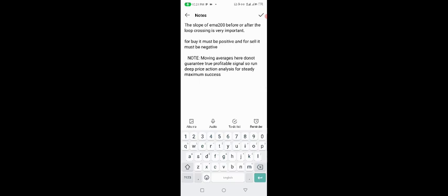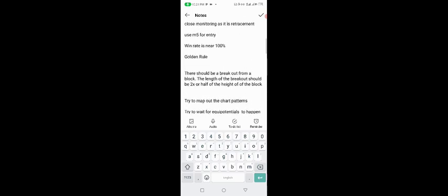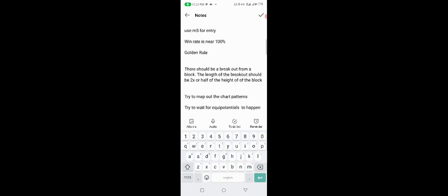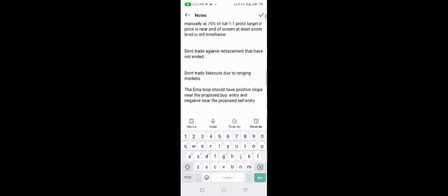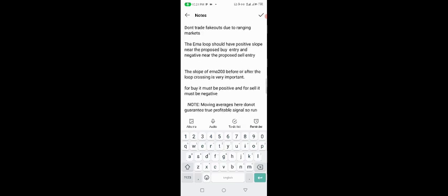Note, moving averages here do not guarantee a profitable signal, so run the price action analysis for steady maximum success. This idea is very, very powerful, and it has been used in Japan by a Japanese trader. If you check the history, he made a massive profit because of the idea.